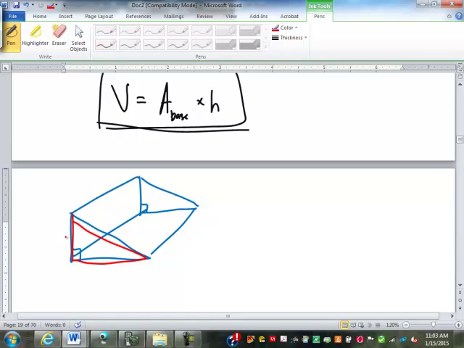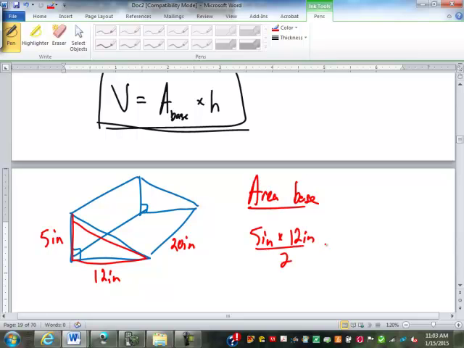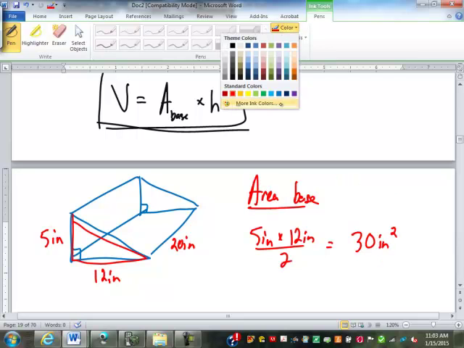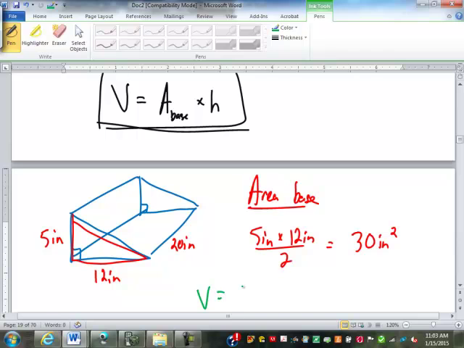So here, let's say we have 5 inches, 12 inches, and 20 inches. The area of the base is just a triangle. So it's going to be 5 inches times 12 inches, and it's a triangle, so we have to divide by 2. That's going to be 30 square inches. That's the area of the base. So the volume will be that 30 square inches times, now the height doesn't go up and down anymore.